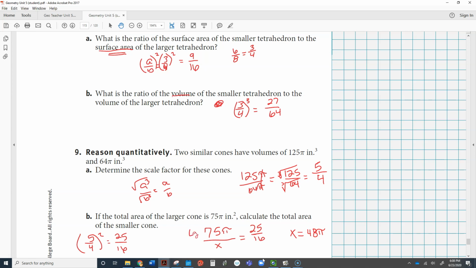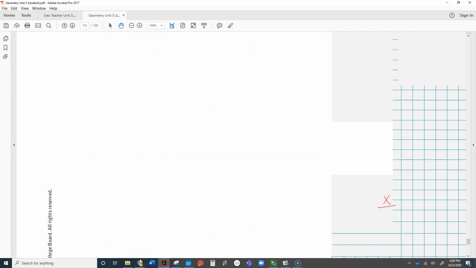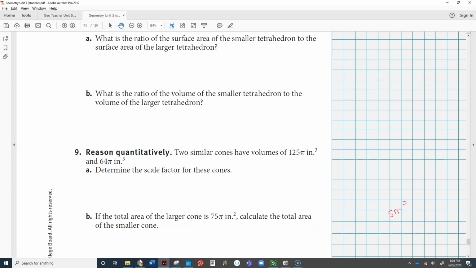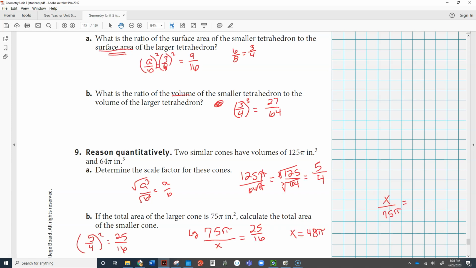So the larger one is on top, the small one is on bottom. So when I wrote this ratio, I made sure that my big number was on top and my small number was on bottom. If I had written it the other way around, x goes on top and 75 pi goes on bottom, then I simply would have written the bigger number on bottom and the smaller number on top. And then when I cross multiply and divide, I would have got my same answer.